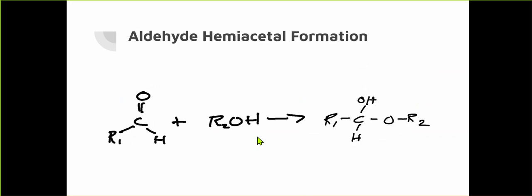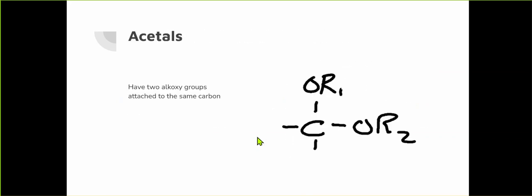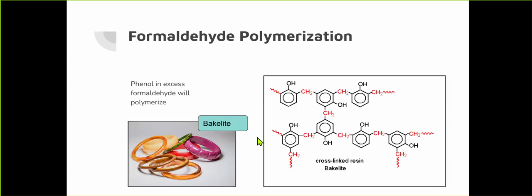Okay, so we go back here now. All right. So you can polymerize aldehydes. Phenol in excess of formaldehyde will polymerize. So we've got this, remember phenol is a benzene ring with a hydroxy group off of it.